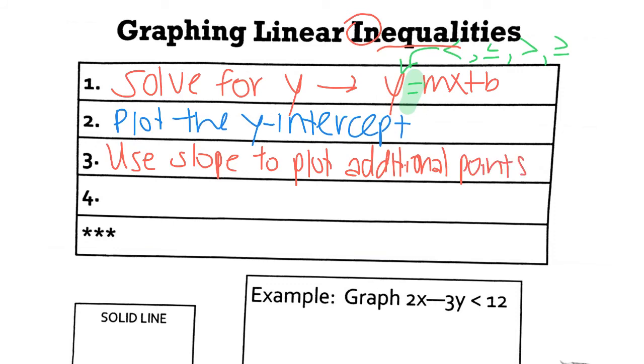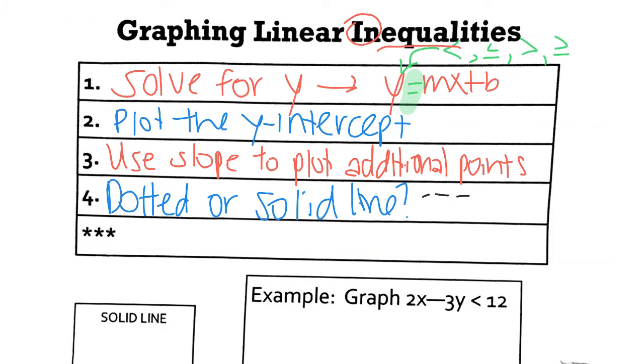The fourth step is you have to decide is it a dotted or solid line. Remember, it is a dotted line if you have just strictly less than or greater than, and it is a solid line if I have the or equal to's.